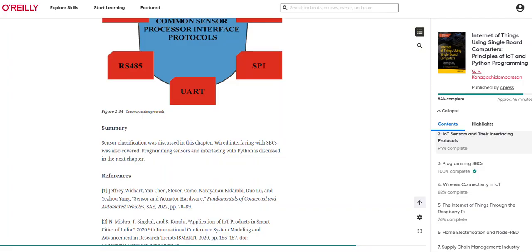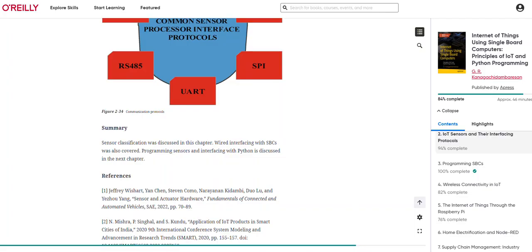The last thing we're going to deal with is trends and future developments in IoT sensing. So as sensors continue to evolve, we're seeing innovations like microelectromechanical systems, MEMS, which allow highly compact and integrated sensors. Smart sensors with built-in processing capabilities to reduce load on the central controller.